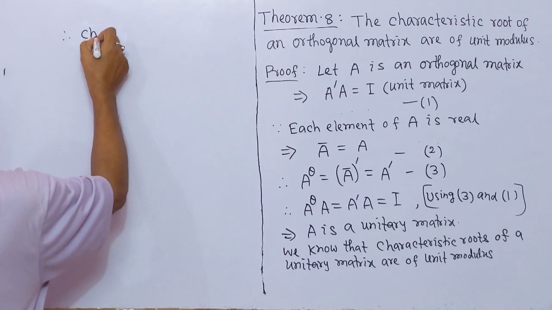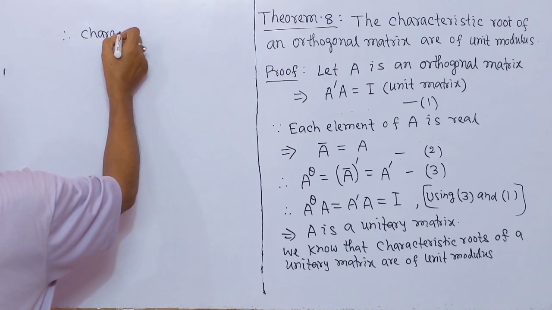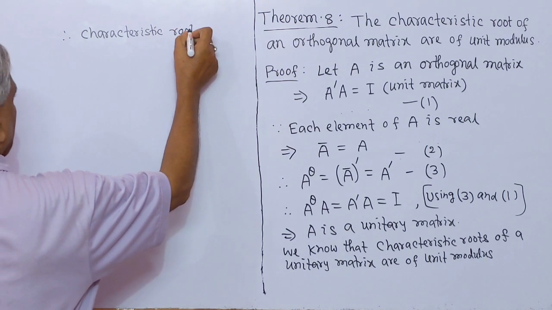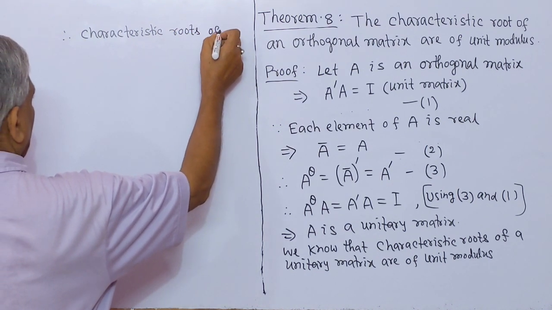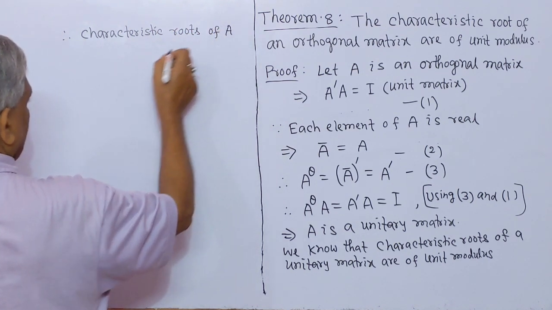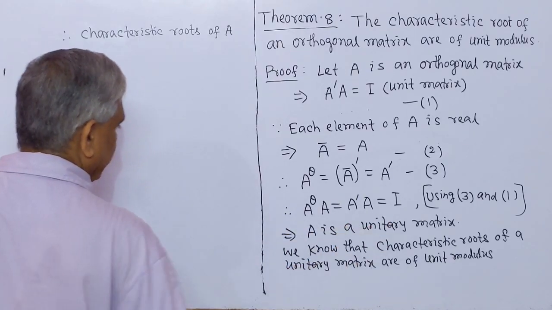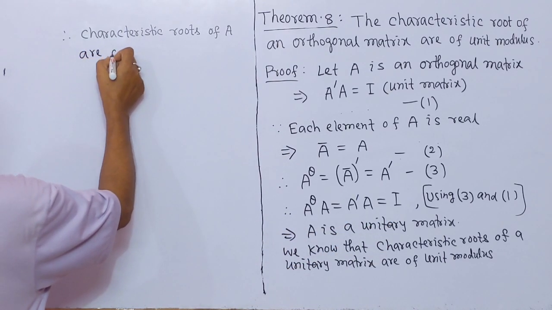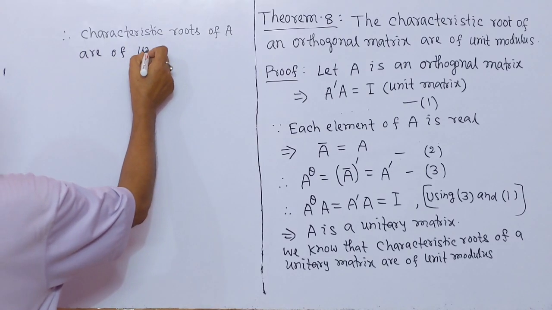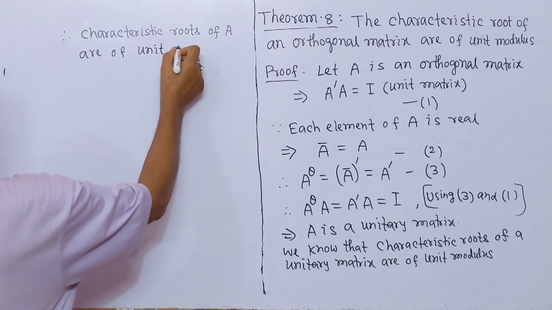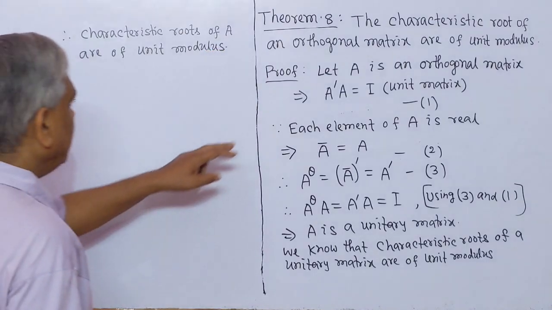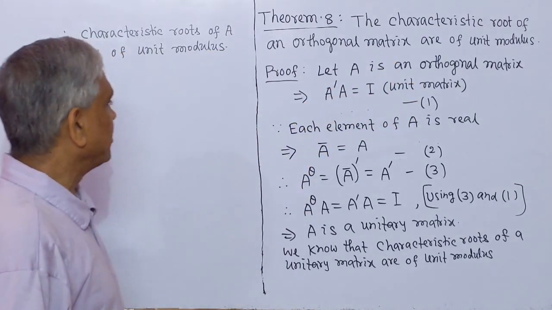Therefore, the characteristic roots of A, as a unitary matrix here, are of unit modulus. But actually A is an orthogonal matrix.